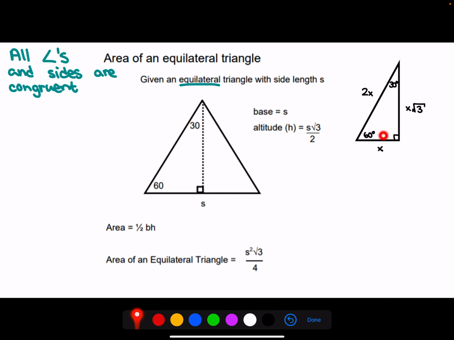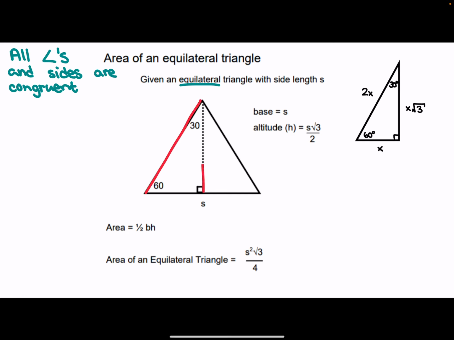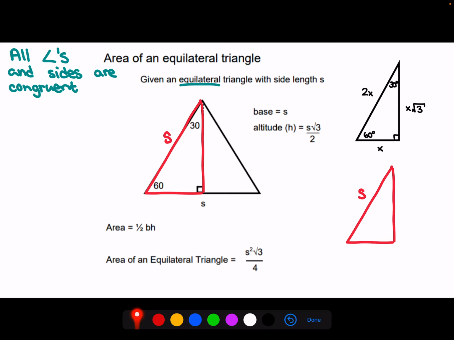The side opposite 30 is x. Side opposite 60 degrees is x radical 3. And the side opposite 90 degrees is 2x. Of course, I know that 2x maps on to this portion right over here of my equilateral triangle, which is just side length s. So therefore, s is equal to 2x.